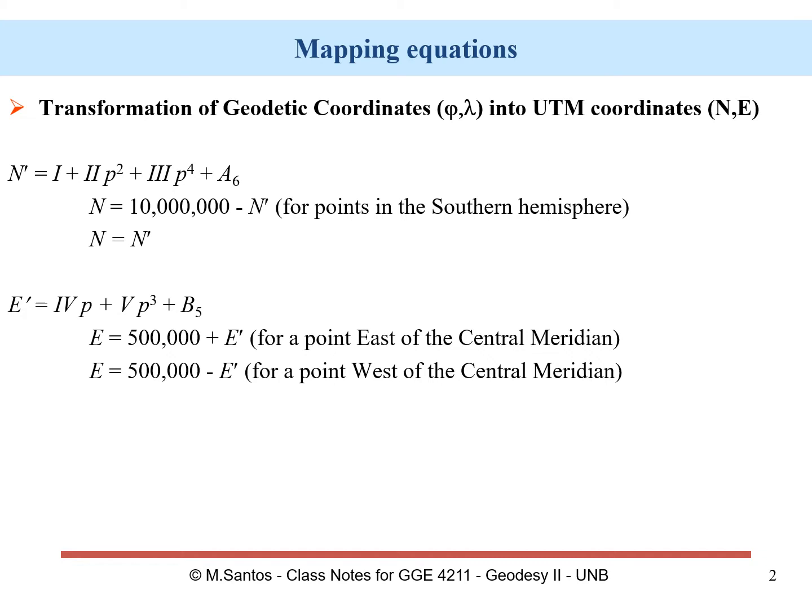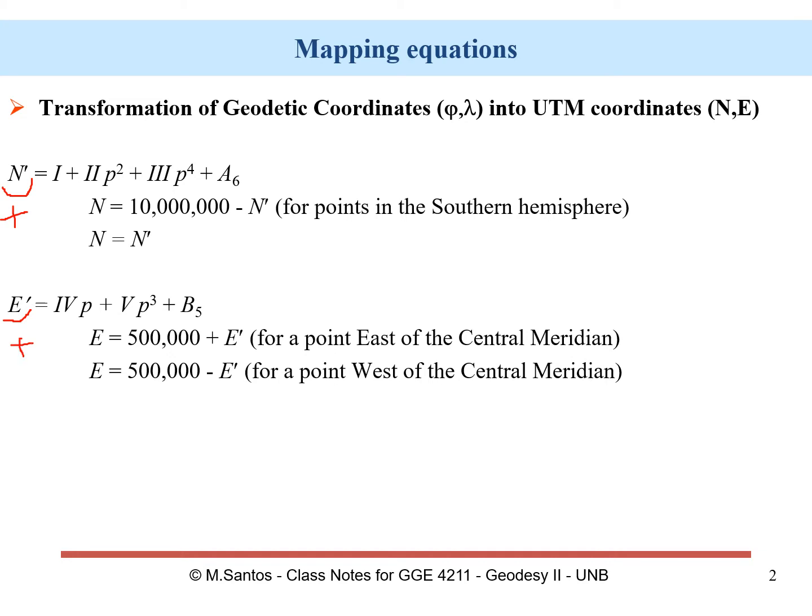So what we have here, of course, we're computing the n prime and the e prime. These are the distances on the mapping plane from the equator to the point of interest, and this is from the central meridian to the point of interest.